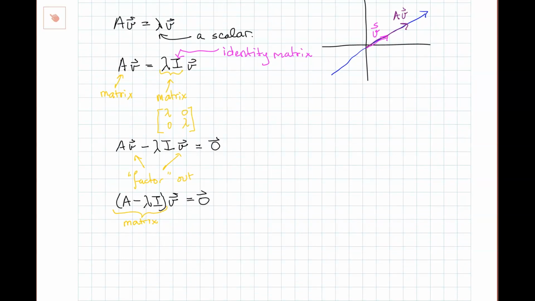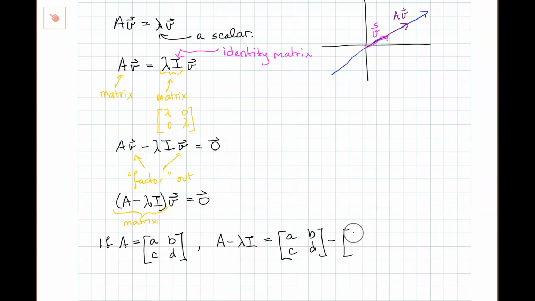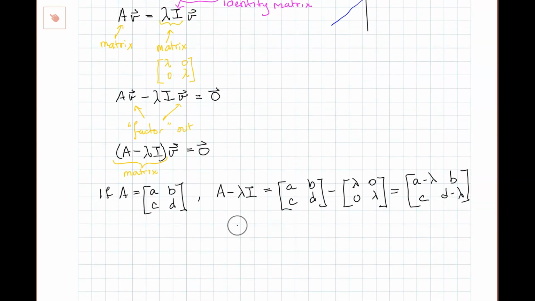And if our matrix A looks like, say, a, b, c, d, then A minus lambda I looks like this. It's just exactly the same as A, except that the diagonal entries have lambda subtracted from them.